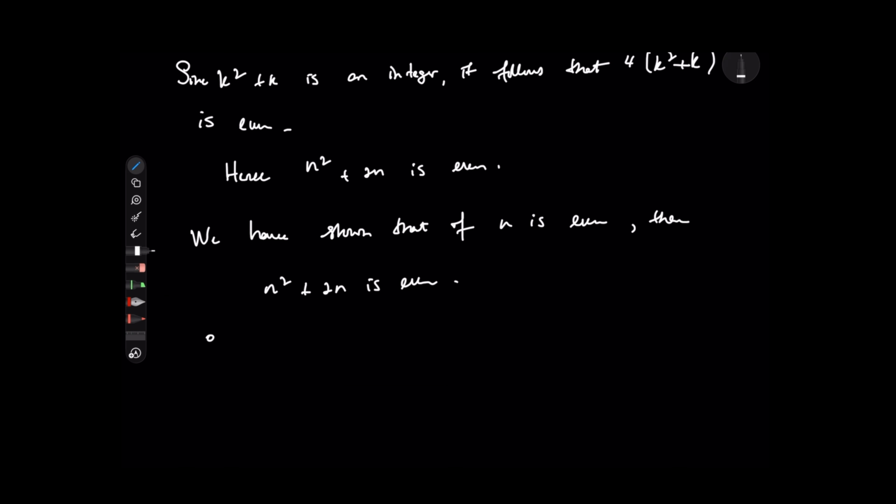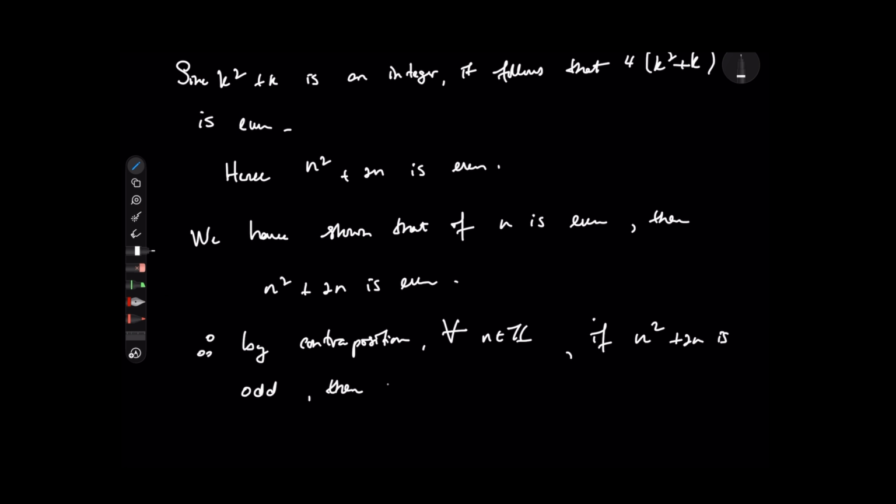Therefore, by contraposition, for all n that's an integer, if n squared plus 2n is odd, then n is odd.